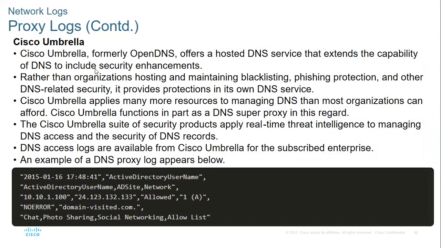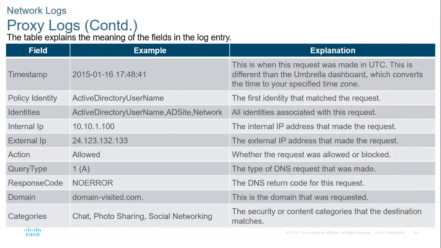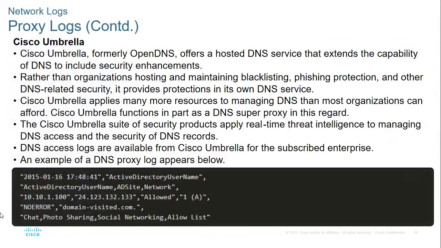Cisco Umbrella is able to blacklist some websites, protect your organization from phishing attacks and other DNS-related security threats. You can see the DNS proxy log and how it appears.